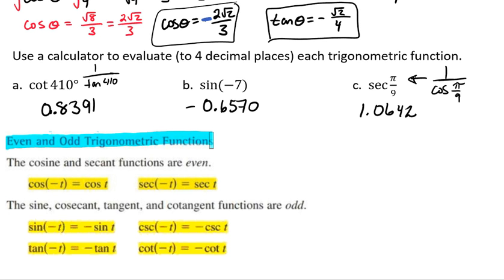So the cosine and secant functions are going to be considered even if we're able to say that the cosine of negative t equals the cosine of positive t, and that the secant of negative t equals the secant of positive t.